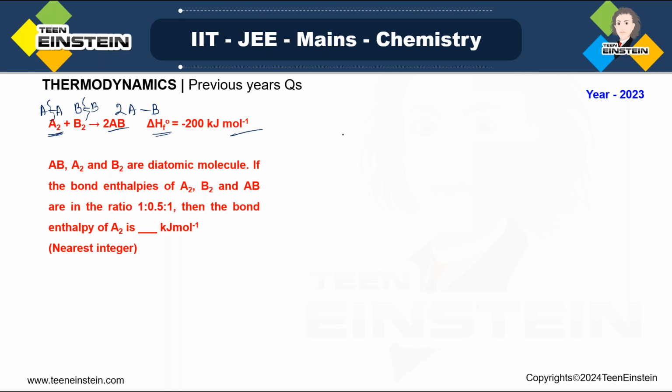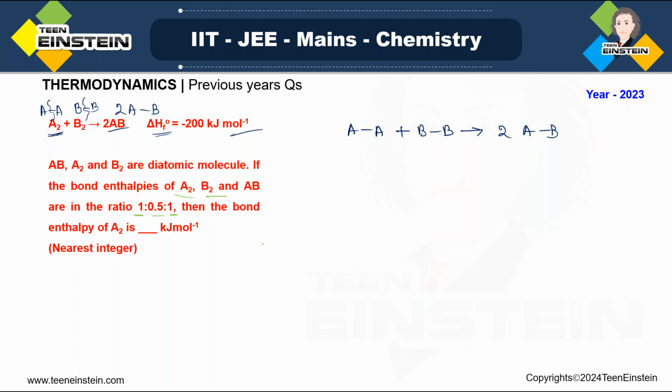Next, as the reaction is suggesting, AA bonds are broken, BB bonds are broken, and there is 2 AB bond formation. Okay. Now we will consider some variable. All are diatomic molecules. Bond enthalpies are in the ratio 1 for A2, 0.5 for B2, again 1 for AB.